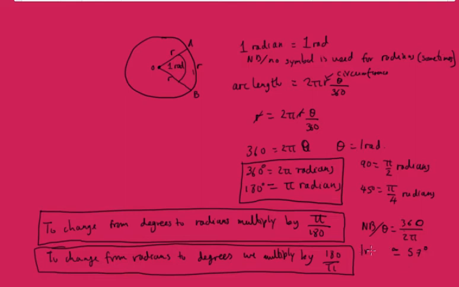So 1 radian equals roundabout 57 degrees. That's something that's useful just to lodge in the back of your mind.